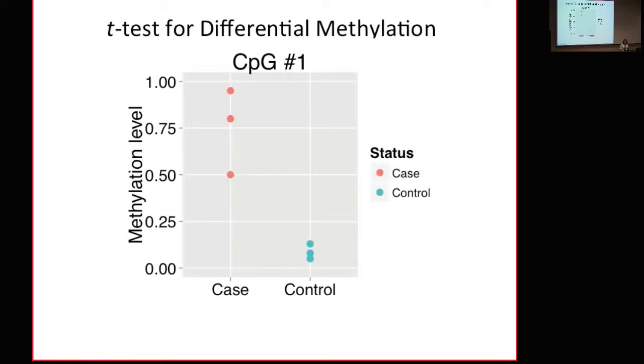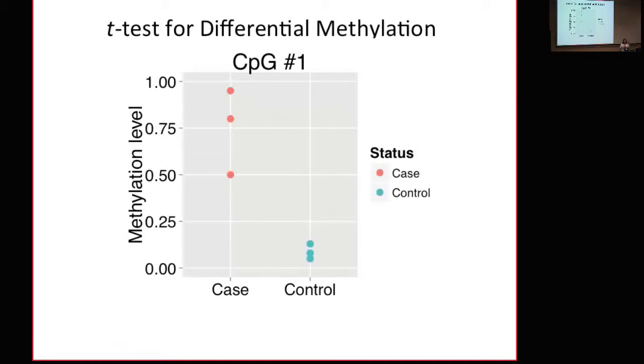Then a t-test essentially calculates the average distance, or the difference, between the case and the control. So you compute the average of the case and the average of the control, compute the difference of the two, and then a t-test will tell you if that's statistically different enough. It's scaled by the variability, so if the CpGs are very variable, then the t-test is less likely to believe that.